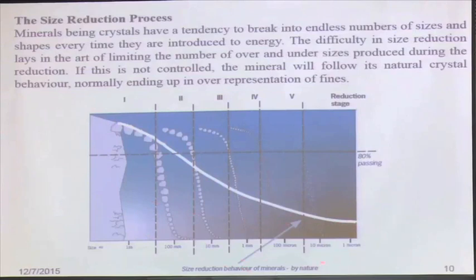The x axis is the size, and this is how much is passing, the relative percentage in each size interval. We do not have any control over that.